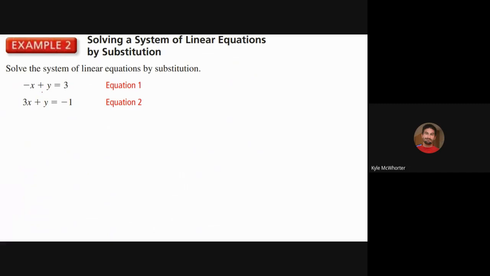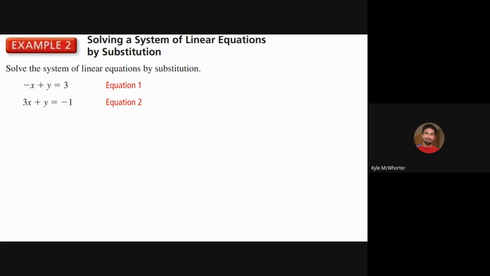Whenever a variable has a coefficient of 1, that's a good thing. And it's an invisible 1. So I have 1y here and 1y there. This -x is really -1x, but we just don't write the ones. So we're looking for a variable that has a coefficient of 1. Those are the easiest to solve for.